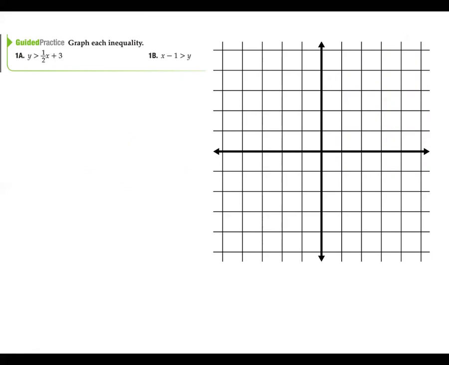All right, we're back. So 1a is already solved for y. So I want to graph the line y equals 1/2 x plus 3. So I'd go up 3, put a point, and then take my slope, go up 1 over 2, up 1 over 2. Then I can go down 1, back 2, down 1, back 2 to get a couple extra points. Now, since the inequality is strictly greater than, I'm going to do a dashed line like that.